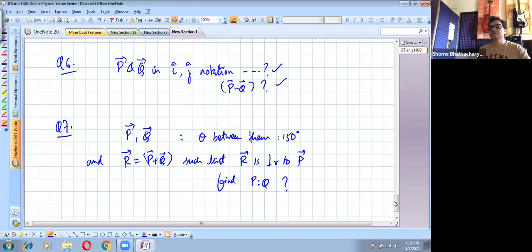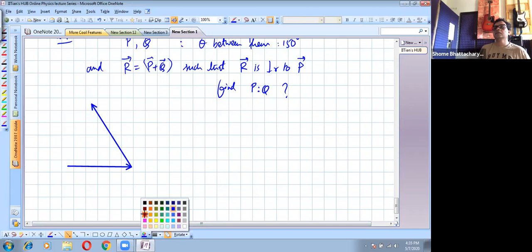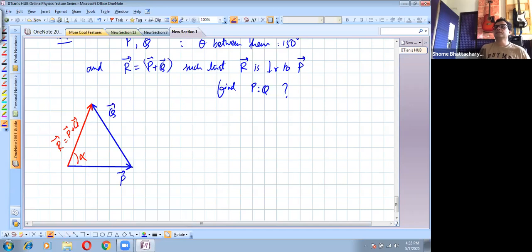We can use a number of different methods here. For example, we can just go with the formula based method. If this is P and this is Q and this is the resultant of P and Q, this angle we denote as alpha, and this angle we denote as theta.